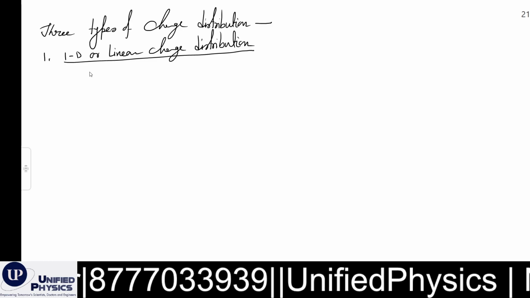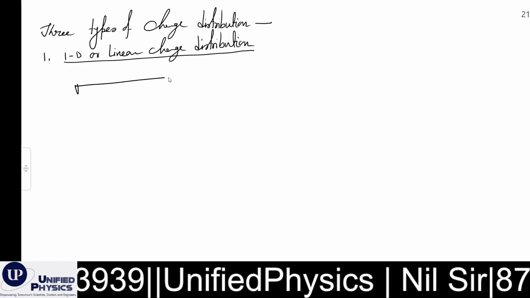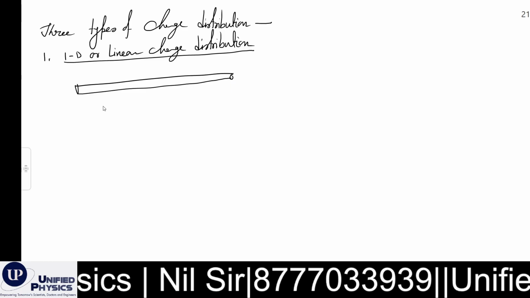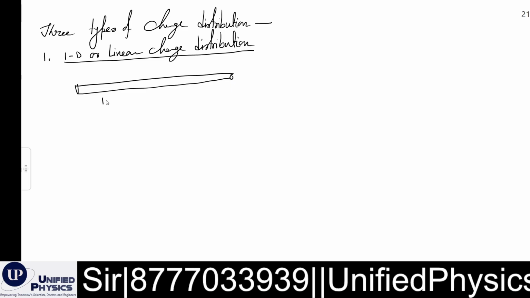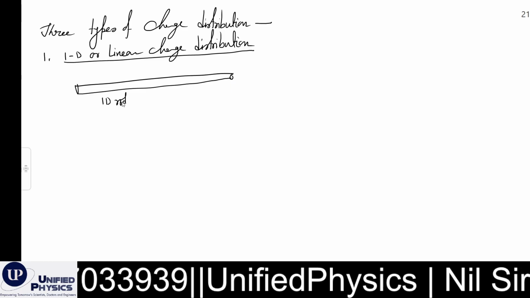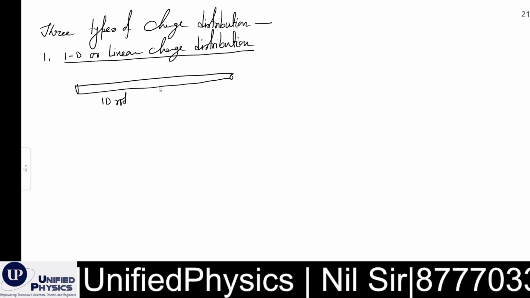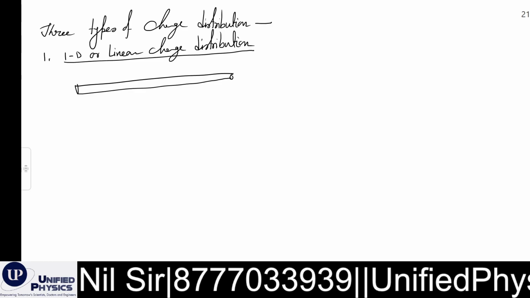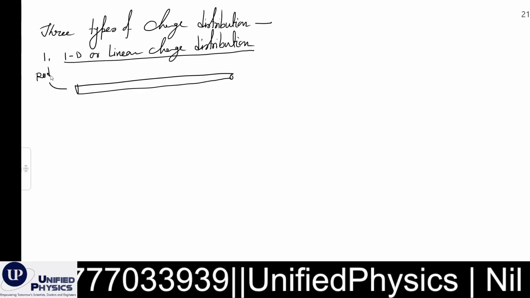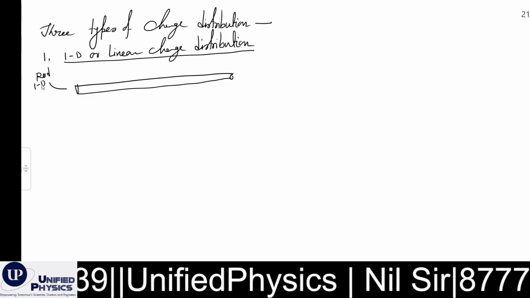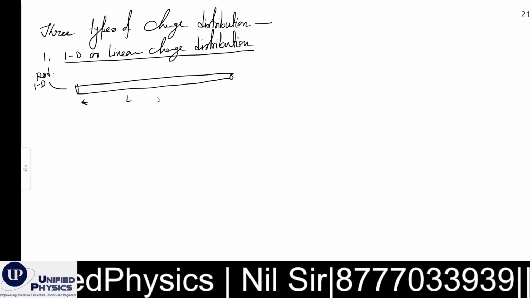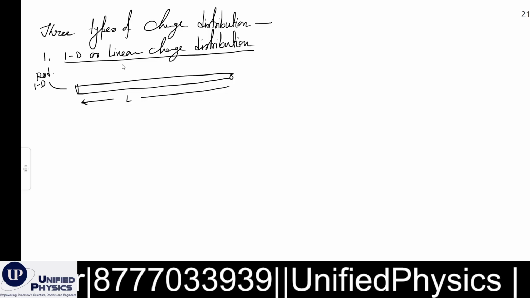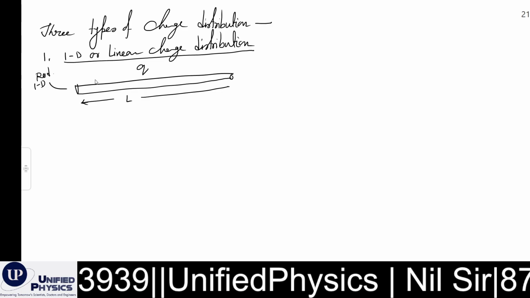Let us assume the charge is distributed in a one dimensional body, for example this rod, a 1D rod of length say L, and the charge on this rod we can say Q.